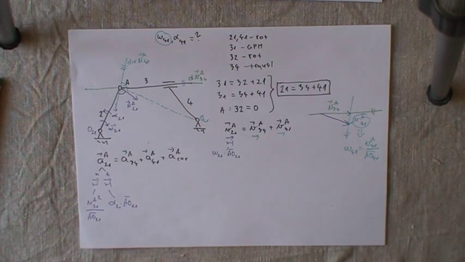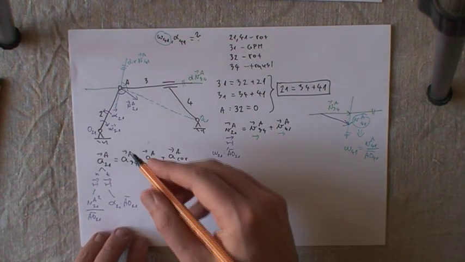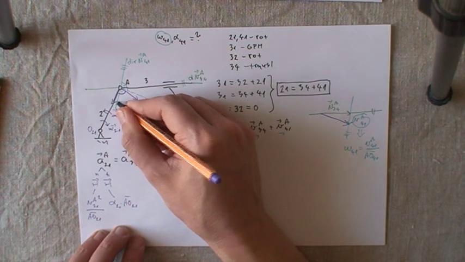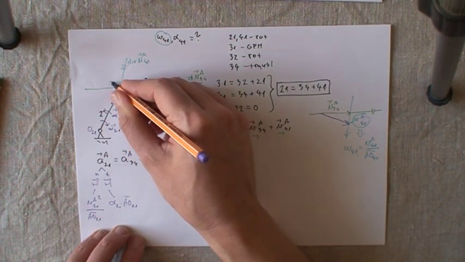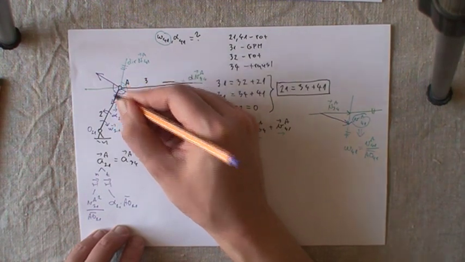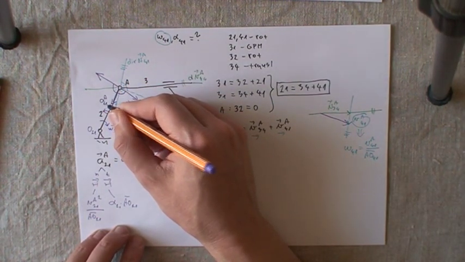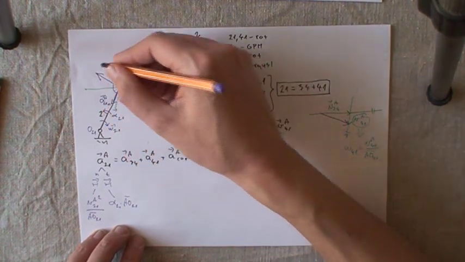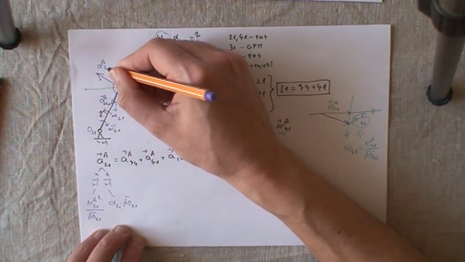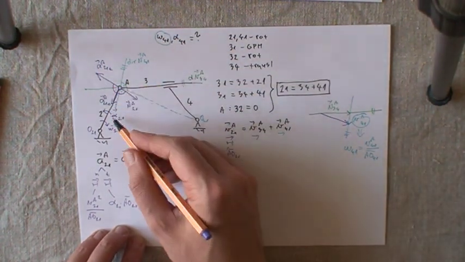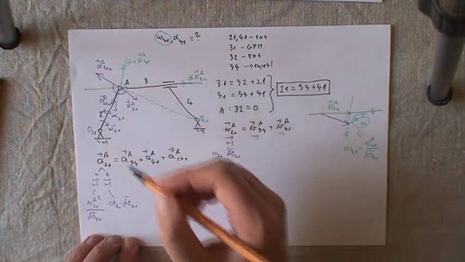A021. Okay? So where will it be on the figure? Well, in here we will have the normal component, and in here we will have a tangent component. So this will be AA21 normal, and this will be AA21 tangent. Why is it going this direction? Because alpha is going that direction.